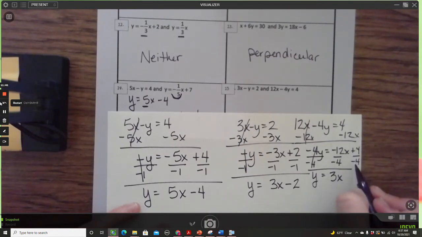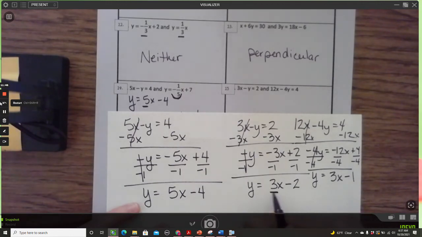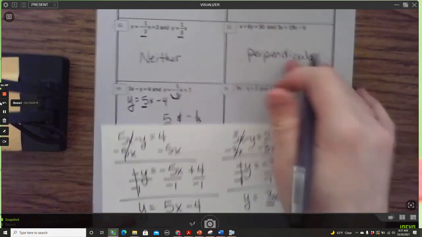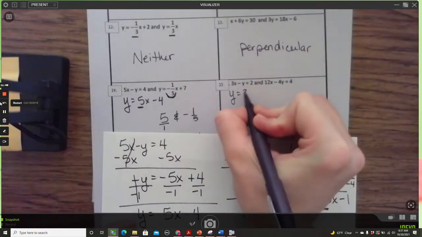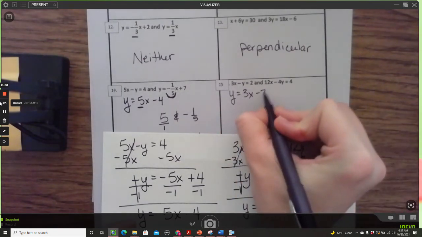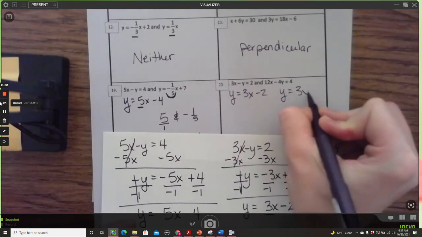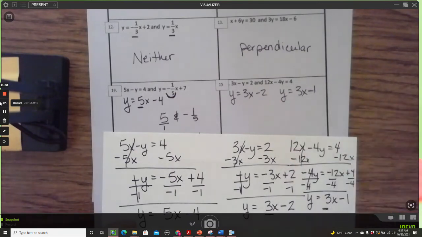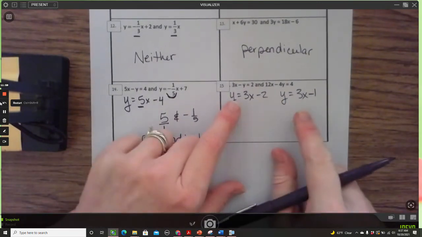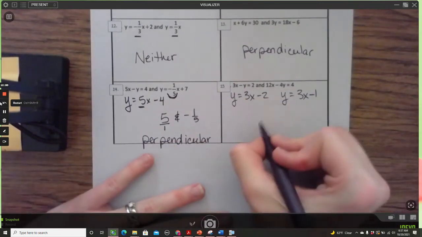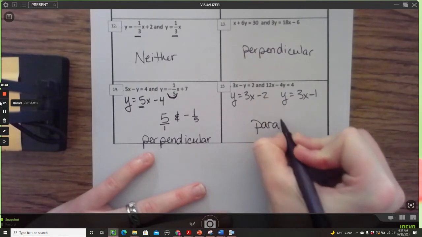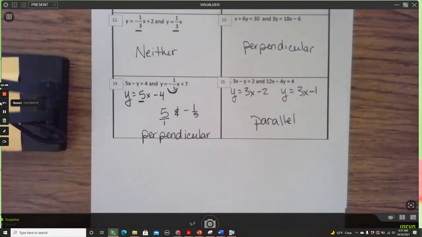And then 4 divided by negative 4 is a negative 1. The slopes here are the same, so I'll rewrite these. Y equals 3x minus 2 and y equals 3x minus 1. Slopes are the same, so these are parallel lines.